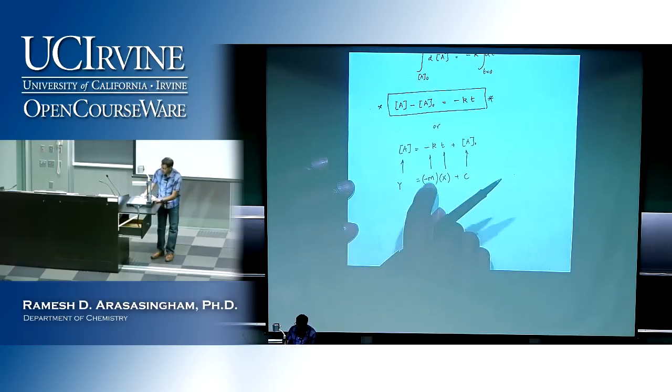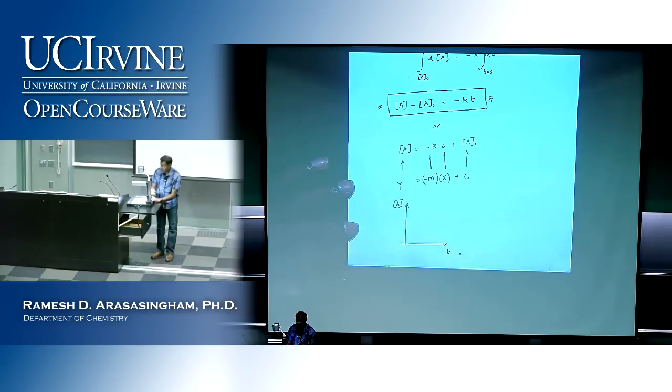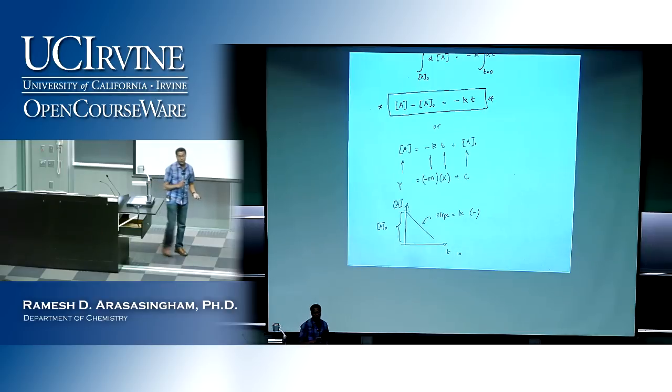So now if you look at this, this is a graph that has a negative slope. So if I plot this, my y-axis will be concentration of A. I'm plotting it versus time. This will give me a straight line graph like that, where the intercept is the initial concentration, and the slope of this graph will give me the rate constant k, and this is a negative slope, okay?